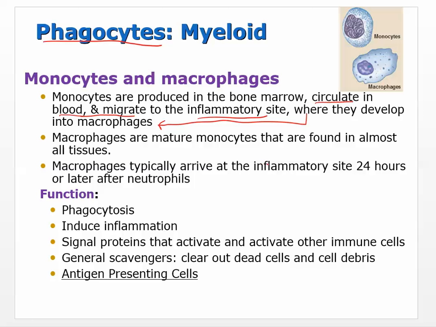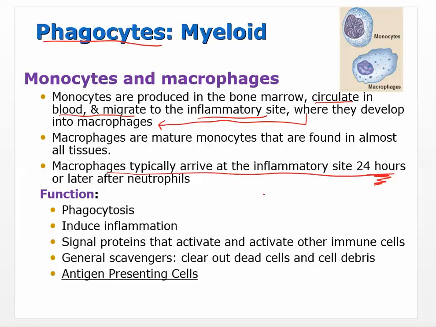Macrophages are found in almost all tissues. You have macrophages scattered through almost all of your tissues right now, cleaning up any kind of debris that's just left there. But upon inflammation, they will be recruited, and some macrophages will typically arrive at the site of inflammation about 24 hours later.